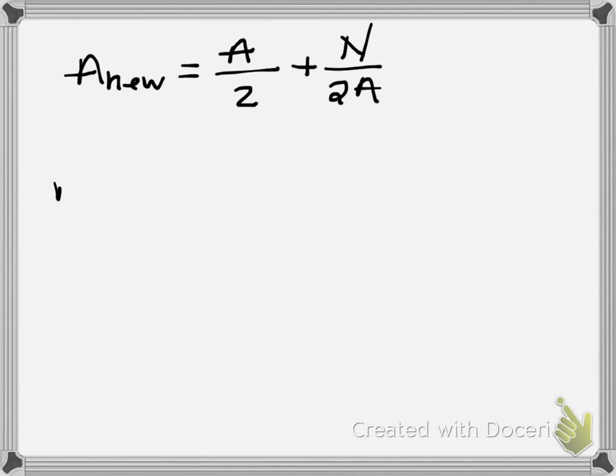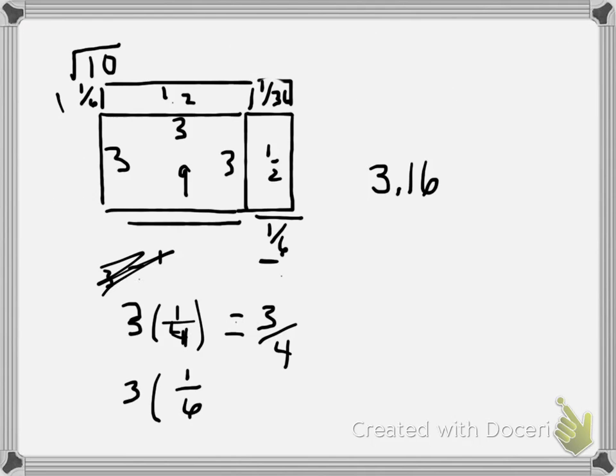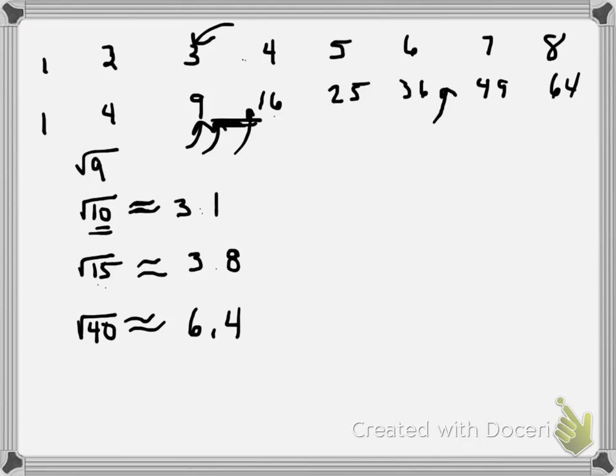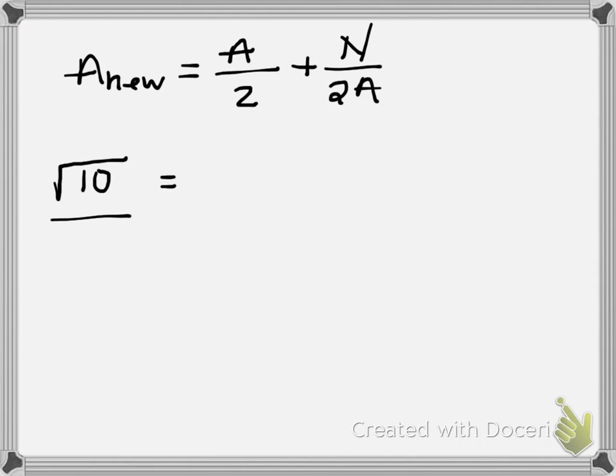So let's say I have the square root of 10, and I'm trying to approximate what this is. My best guess, based on what we had back here, is around 3. That's all I know. So I'm going to take 3 over 2 plus the number that I'm working with, 10, over 2 times 3, which is 6.